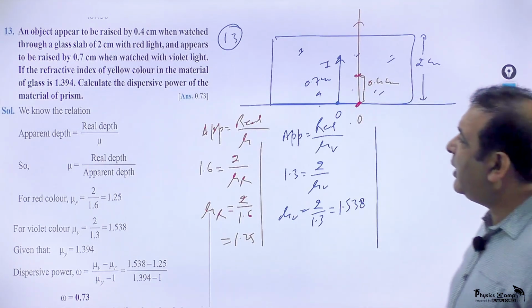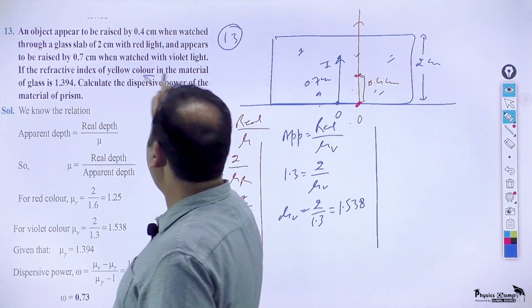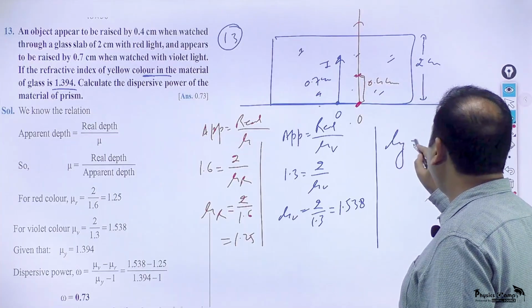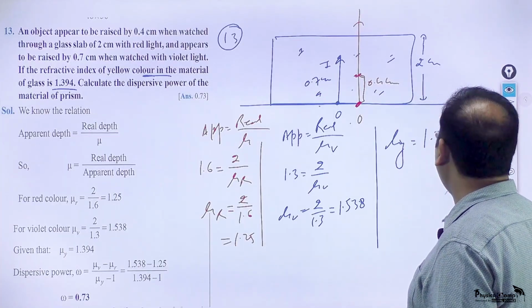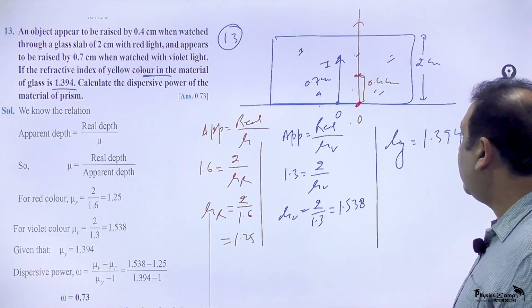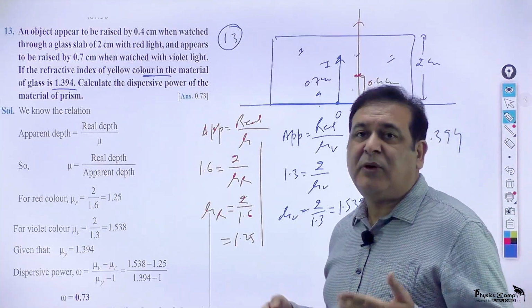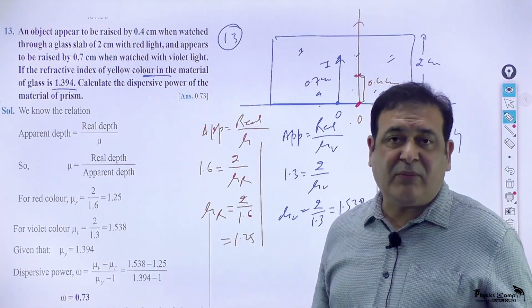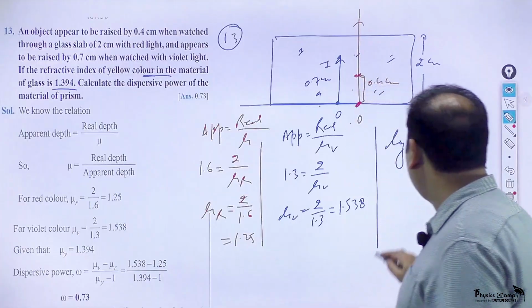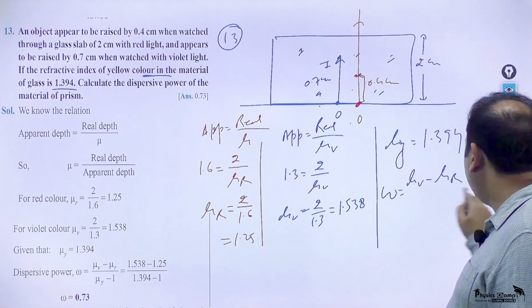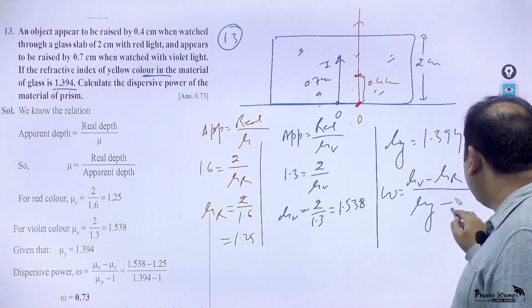And next, if the refractive index of the yellow color is 1.394, so for yellow color the refractive index is directly given as 1.394. Calculate dispersive power of the material of prism using the same glass. So if the same glass was used in prism, what will be the dispersive power? You can always say it will be (mu v minus mu r) by (mu y minus 1).